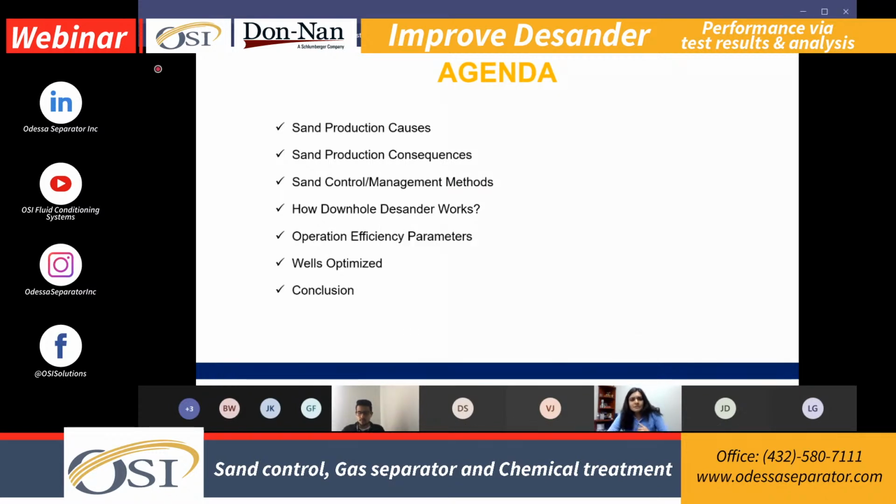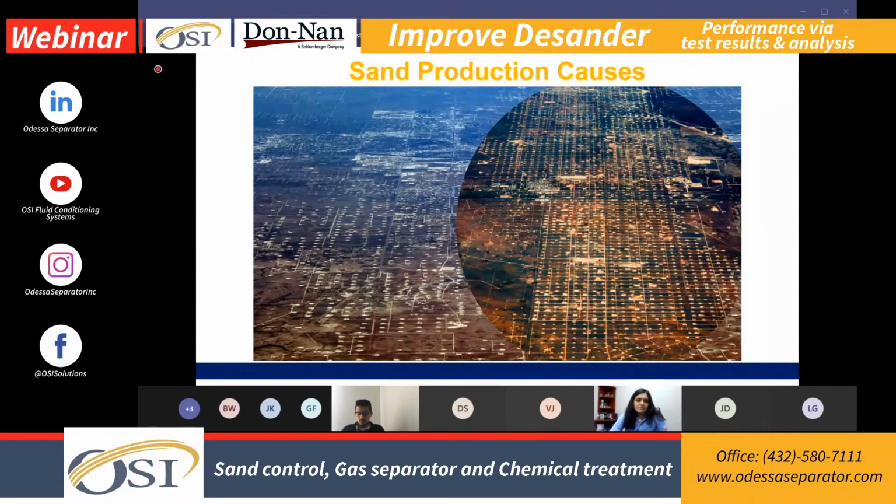So let's jump right into our own basin, the Permian Basin. We can see in the picture how closely the wells are placed right next to each other, and that shows us the well spacing here in the Permian Basin. This has been a trend, I would say, since 2017, that operators have started reducing their well spacing.